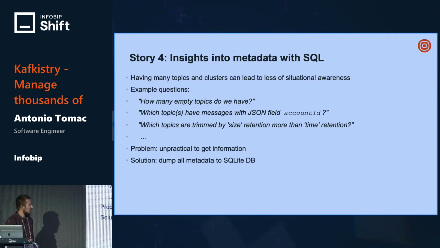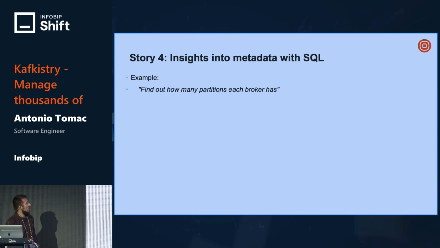And our solution was to dump all metadata that Kafkistry has into some embedded SQLite database, and from there to expose it so that we can write custom queries against it. Now let's take a look at an example. Let's say we want to find out how many partitions and leaders each broker has.